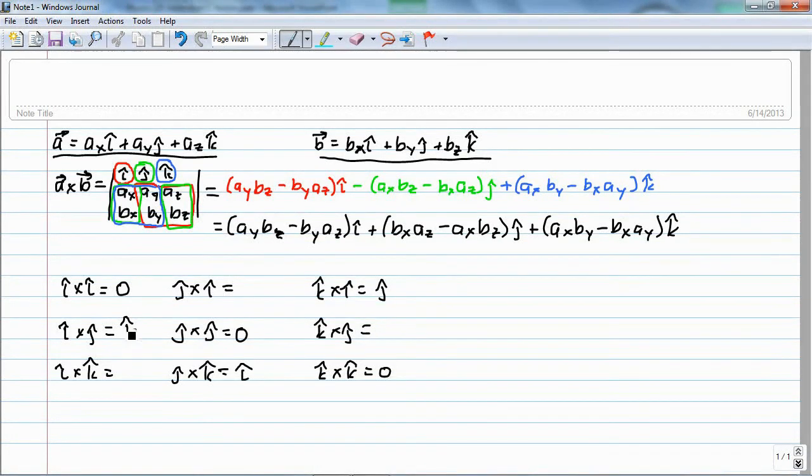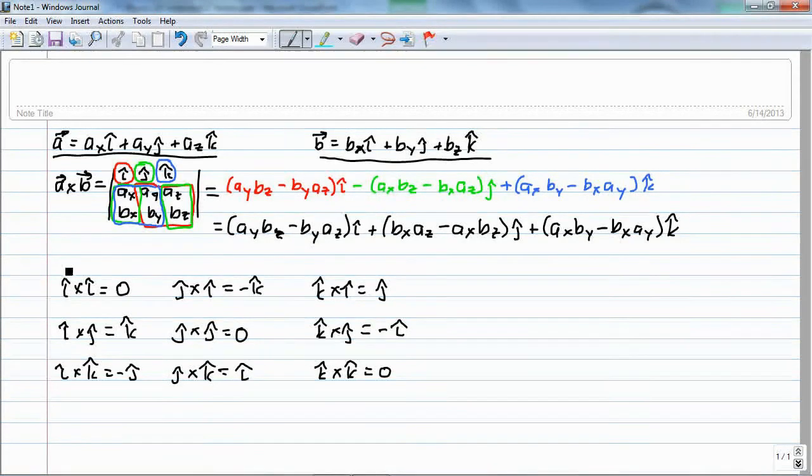And now anything that's backwards is going to become the negative. So here I had k cross i is j hat. Down here I'm going to have i cross k is going to be minus j hat. i cross j was k hat. Now I'm going to have j hat cross i hat is minus k hat. And I had j cross k hat is equal to i hat. When I flip that around, I'm going to have minus i hat.